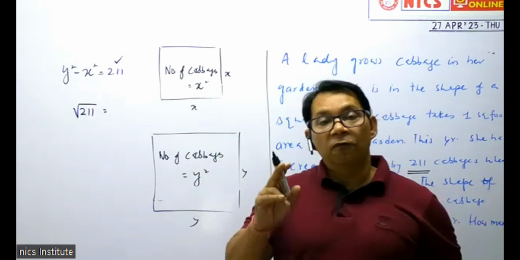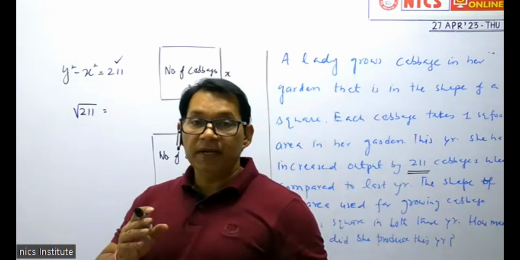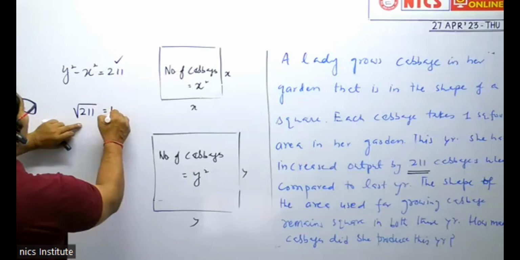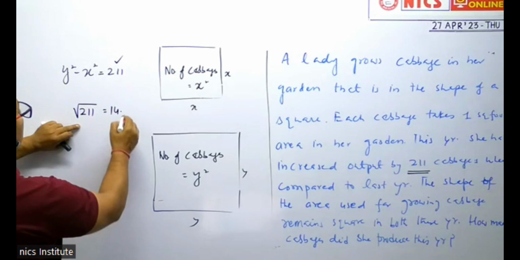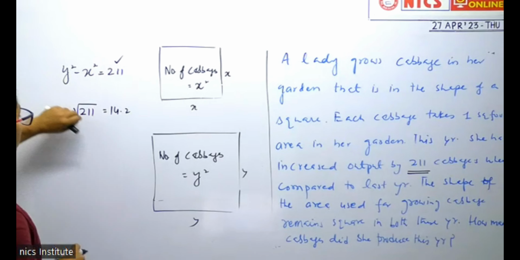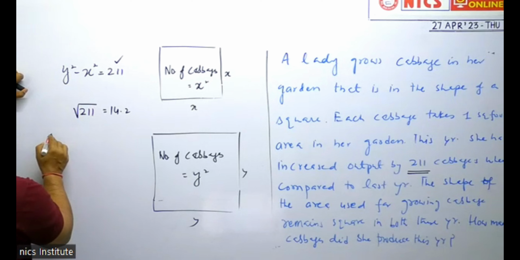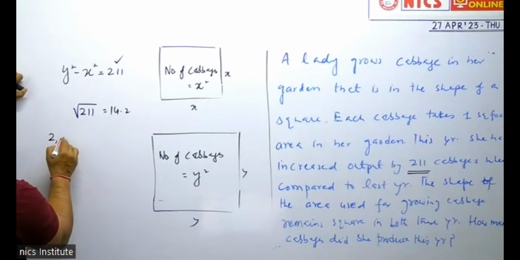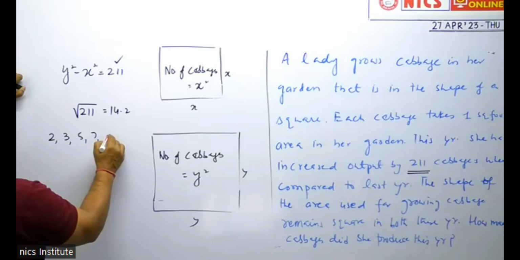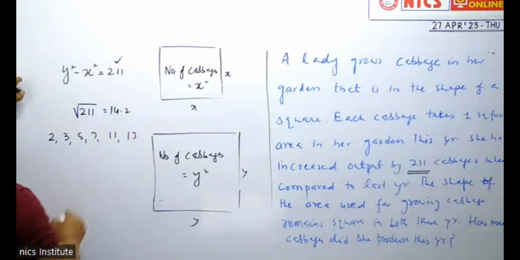We know that 14 square is 196, 15 square is 225. So the square root of this number would be 14 point something, maybe 14.2. So you need to check the prime numbers less than 14: 2, 3, 5, 7, 11, 13.